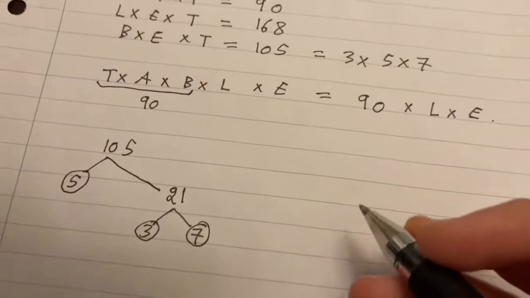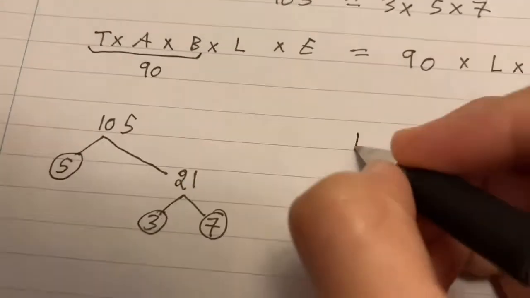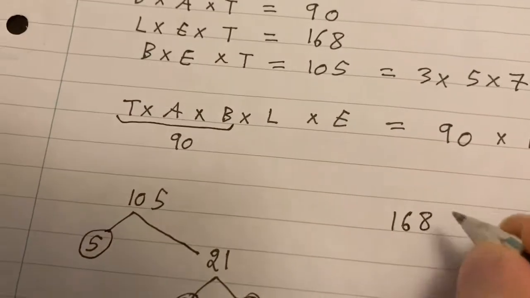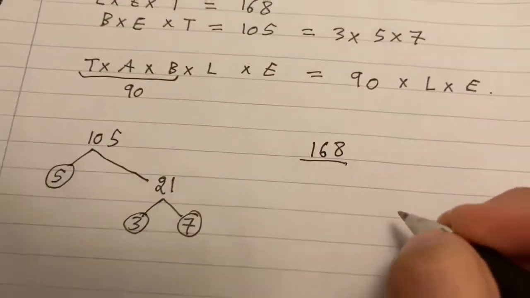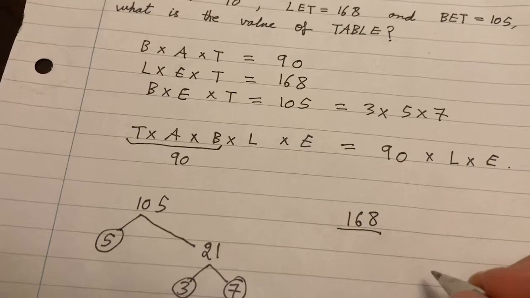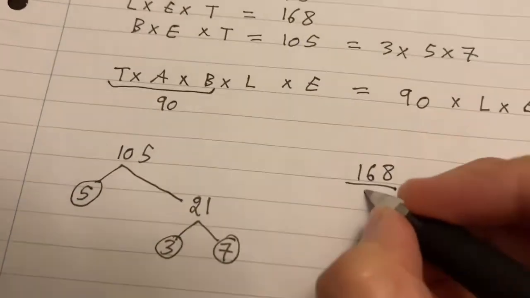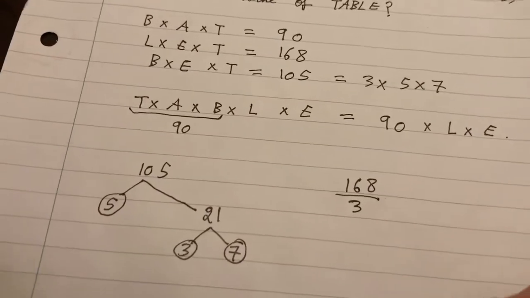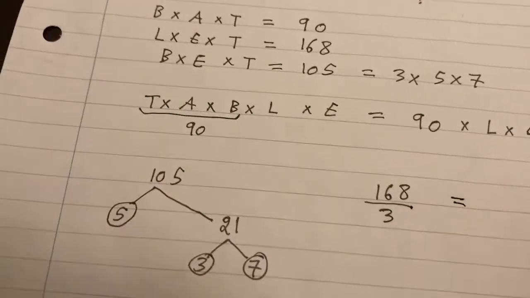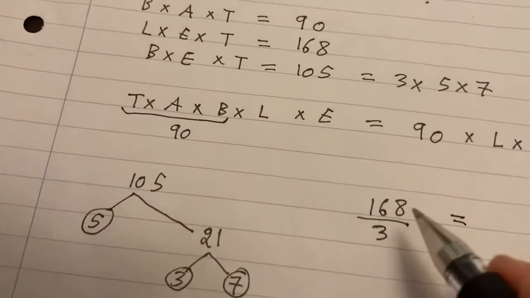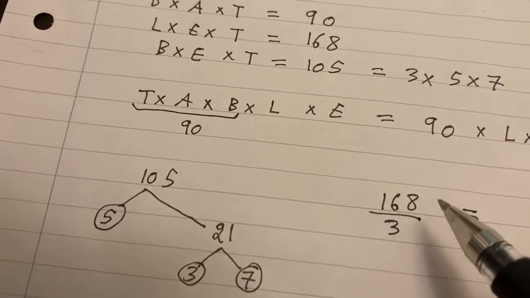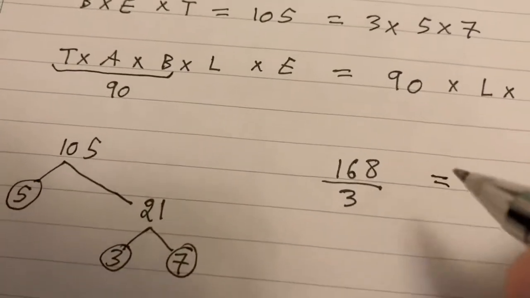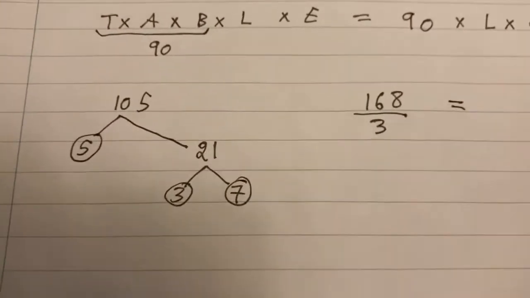So we can try dividing 168 by 3, for example, to see if 3 is one of the factors. One way to check that is if we add all the digits, and if that's a multiple of 3, then the whole number is a multiple of 3.